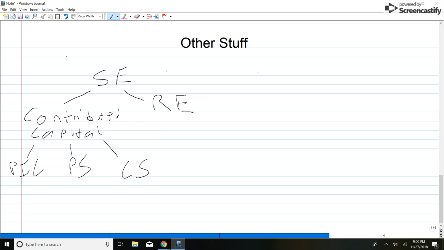So if we wanted our total shareholders' equity, we would have to add up all these three and our retained earnings, and then subtract treasury stock.